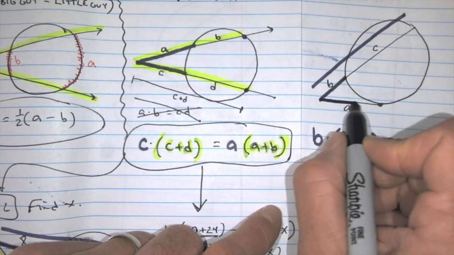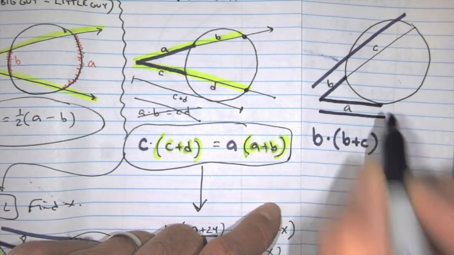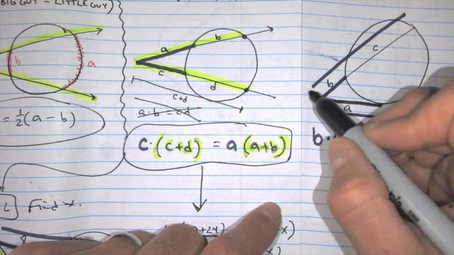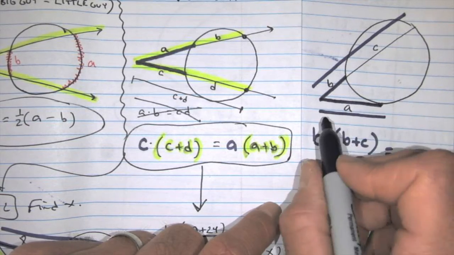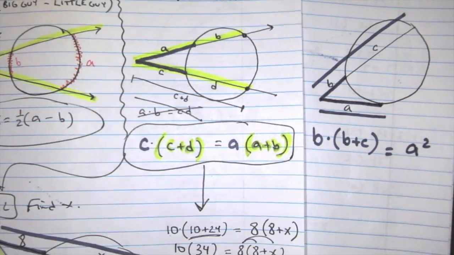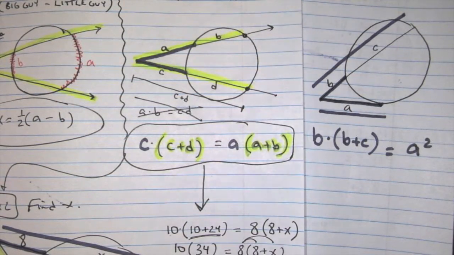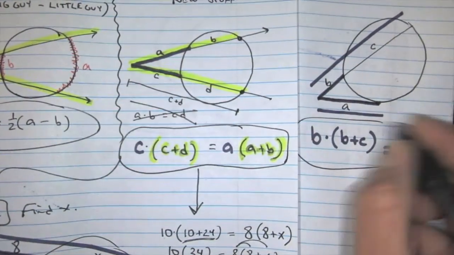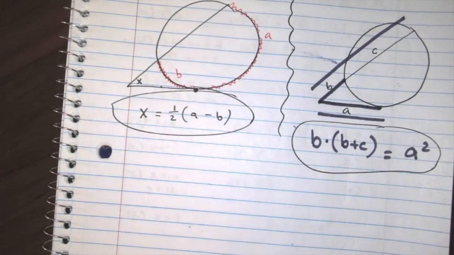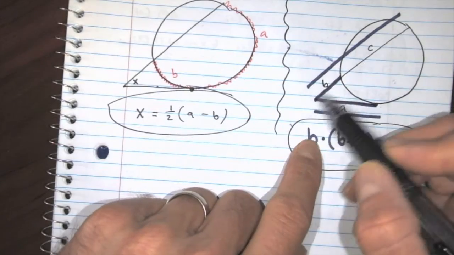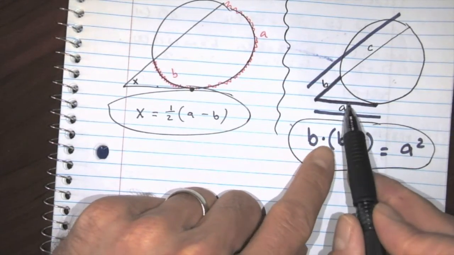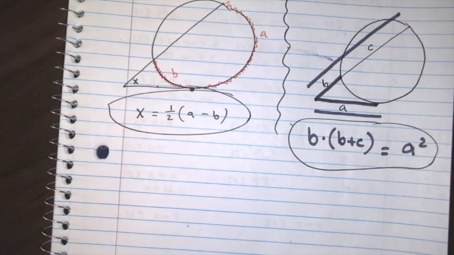So we're just going to do this times itself. So B times B plus C equals A times A, also known as A squared. There's your theorem, folks. So the outside piece times the entire thing equals this times itself, or this squared.